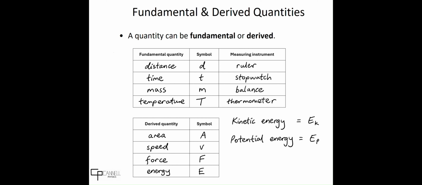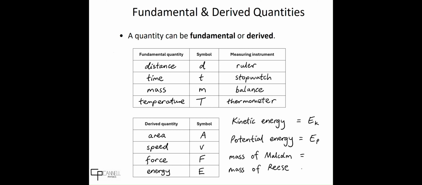But there'll be examples you come across in physics where you have to assign your own symbols that aren't really from a set list like the ones you're seeing here. So for example, let's say you've got two people in a problem and you want to assign a symbol for their masses. So let's say you have two people, Malcolm and Reese, and you want to assign a symbol for their masses.